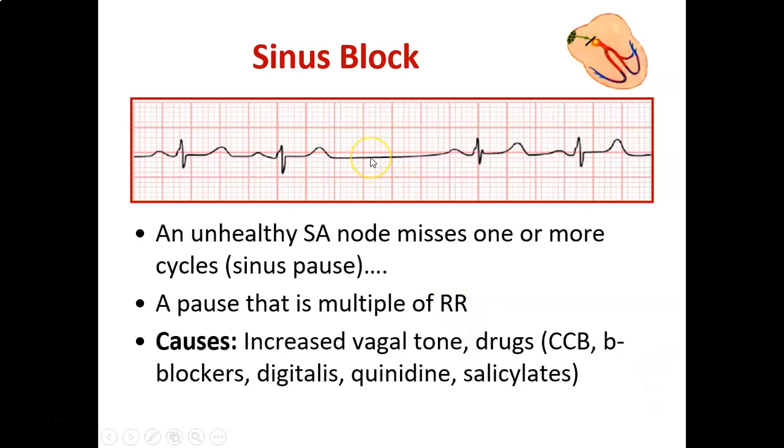So what it means is, in case of sinus block, this missing area will be equal to either 1 RR, like this gap, or 2 RR or 3 RR. The missing area is a multiple of RR. The causes include increased vagal tone and drugs like calcium channel blockers, beta blockers, digoxin, quinidine, and salicylates.